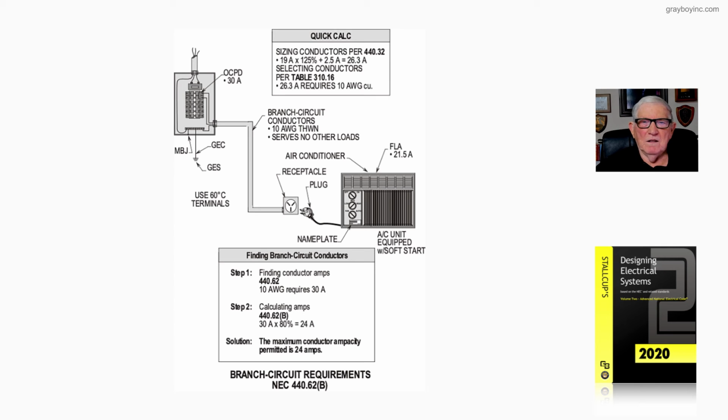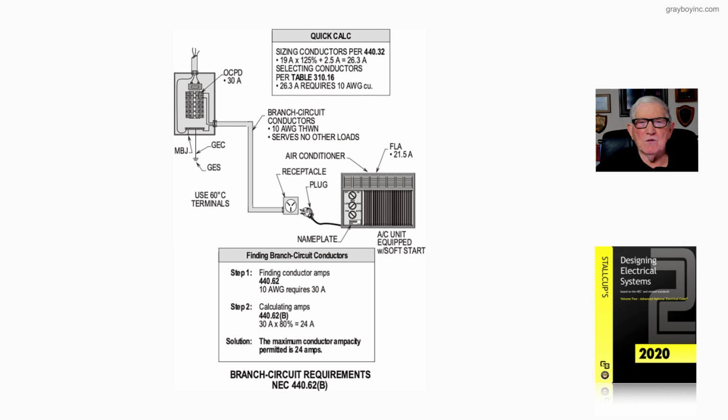And even if we applied, say, 240.4D as in dog, which would limit a number 10 conductor at 30 amps on a 30 amp overcurrent device if we did not apply the table 240.4G and size the overcurrent device greater than 125%.